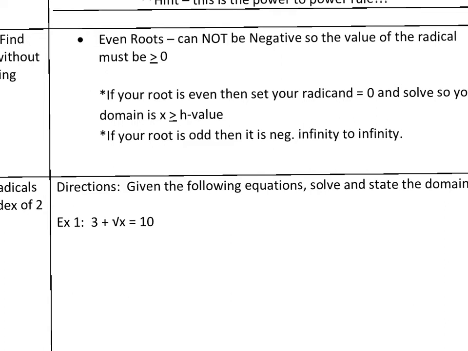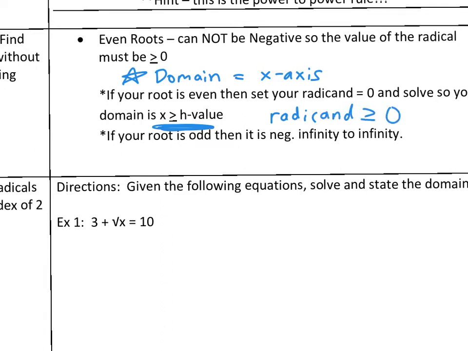So again, domain is which axis? Isn't it the x-axis? Don't we look from left to right where it's going? Okay, so make sure we know that and we're clear. Domain is x-axis, which isn't super important today, but it will be when we start graphing. Okay, so again, if it's an even root, set it greater than or equal to 0. So set radicand, this is kind of a typo, greater than or equal to 0 and solve.